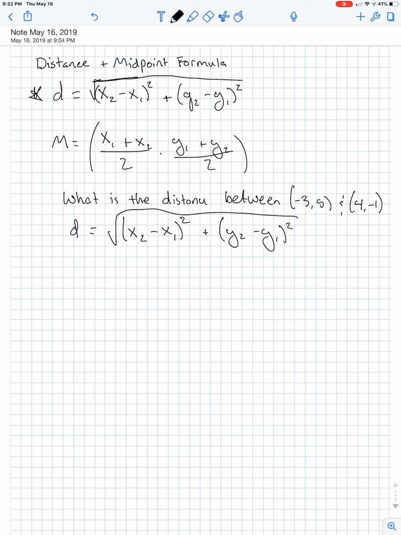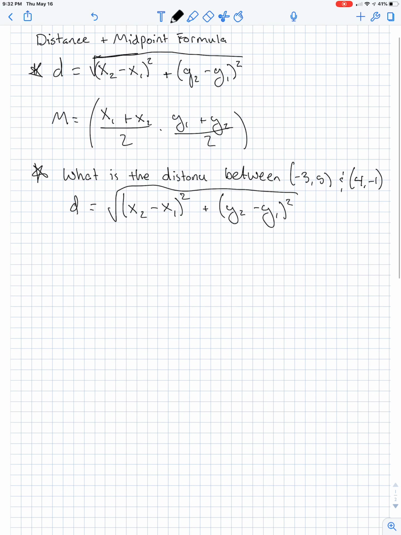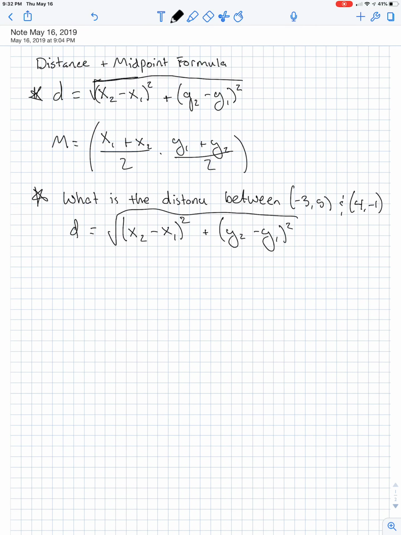Okay, so now you're going to plug these points into this equation. So you can go ahead and label it x1, y1, x2, y2. So now all you do is plug all these into these spots.